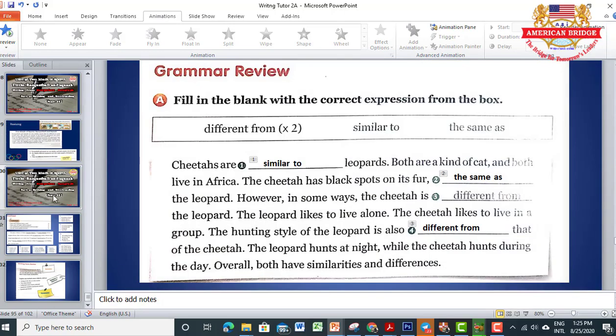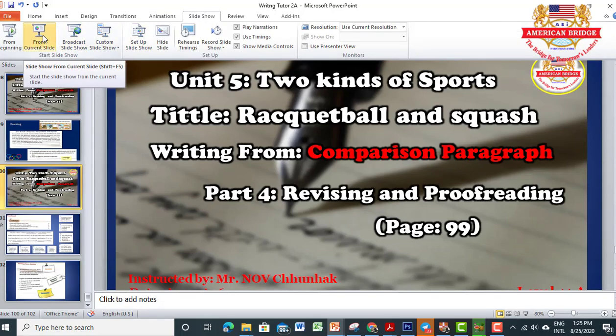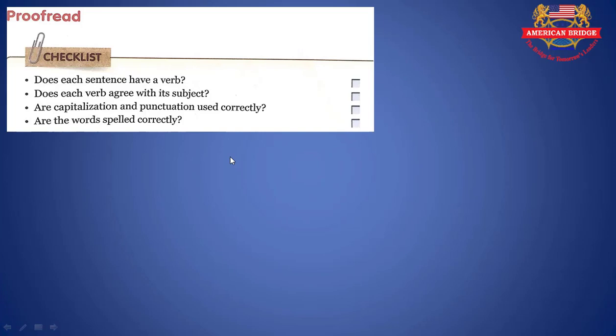Without further ado, everyone, just see the slide here. In order to double check your writing, you can follow this checklist. First, you have to make sure that the sentence has a verb.